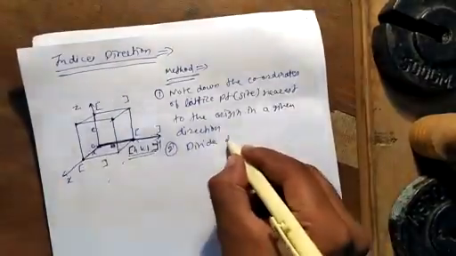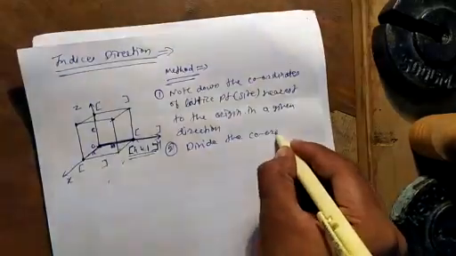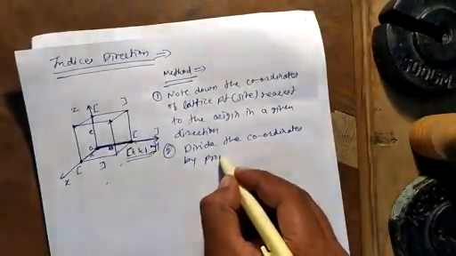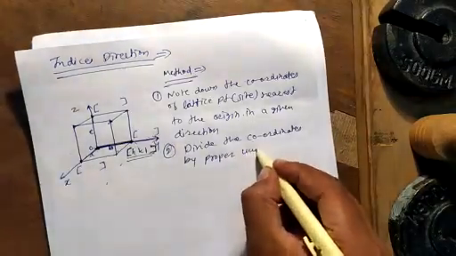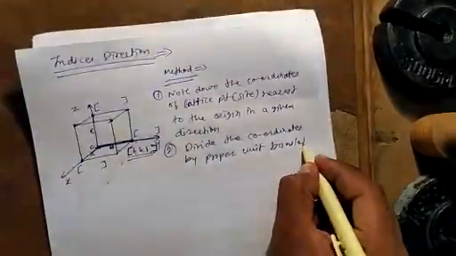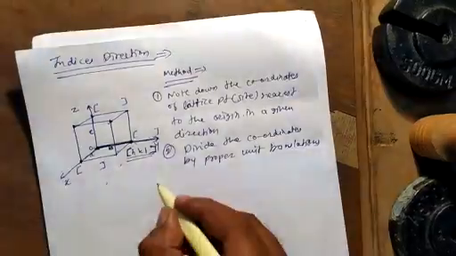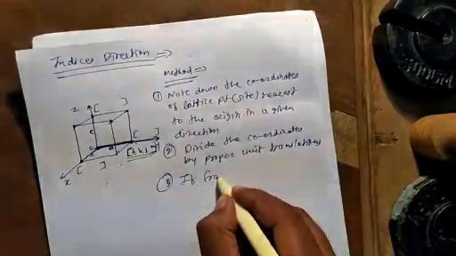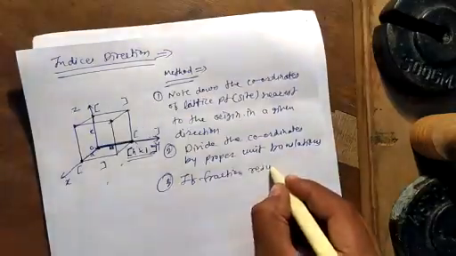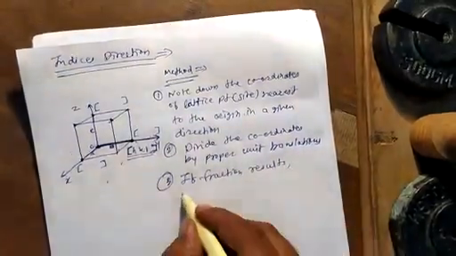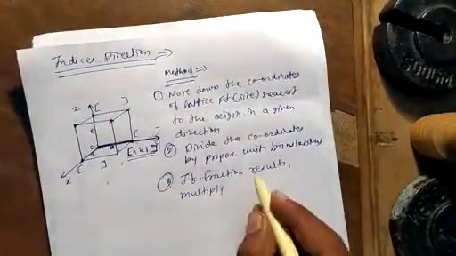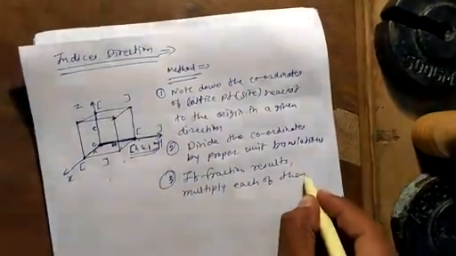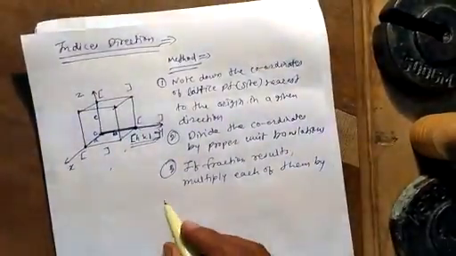Divide the coordinates by the proper unit translations. Third, if a fraction results, multiply each of them by the smallest common divisor.